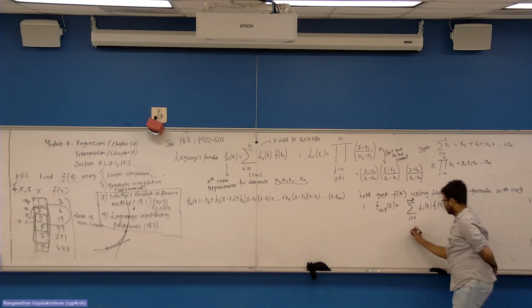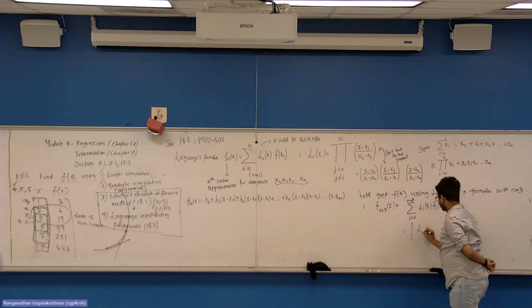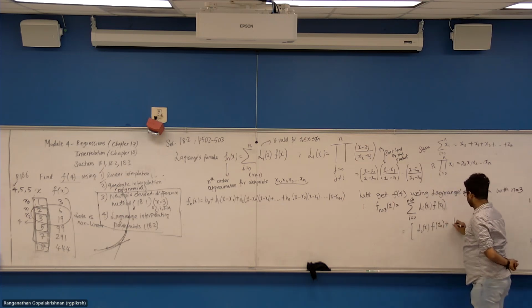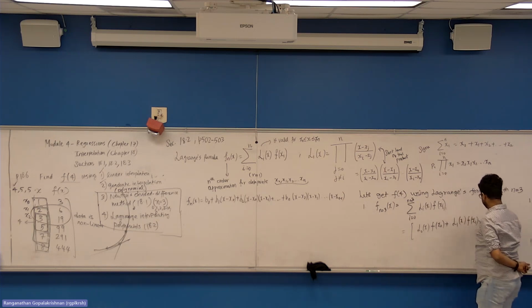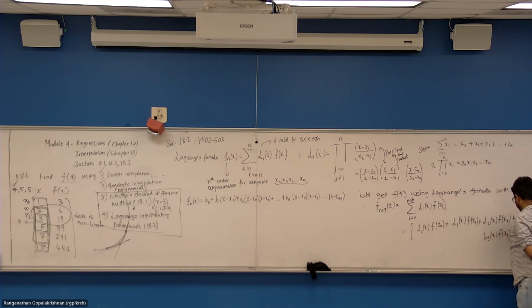That is, L0 of x multiplied by f of x naught, plus L1 of x multiplied by f of x1, plus L2 of x multiplied by f of x2, plus L3 of x multiplied by f of x3.